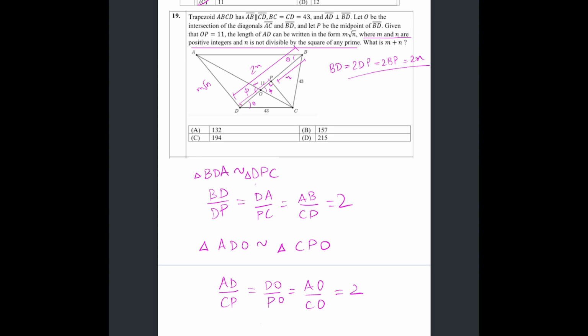And we took the length DP as x, right, and BD as 2x. So using that we can write DO equals x minus 11, and PO we know is 11, right?